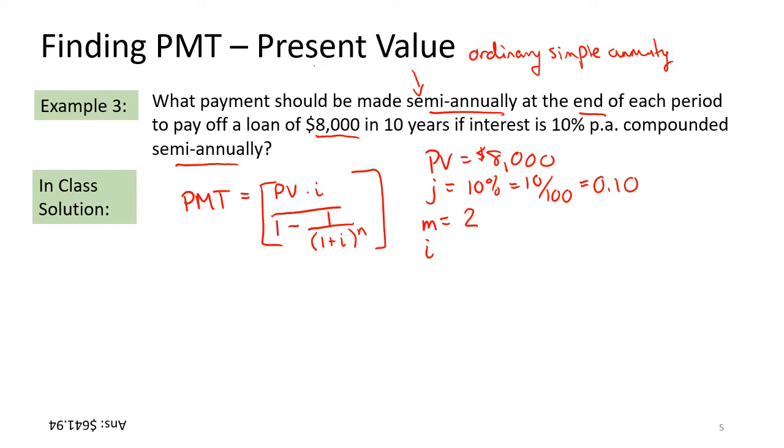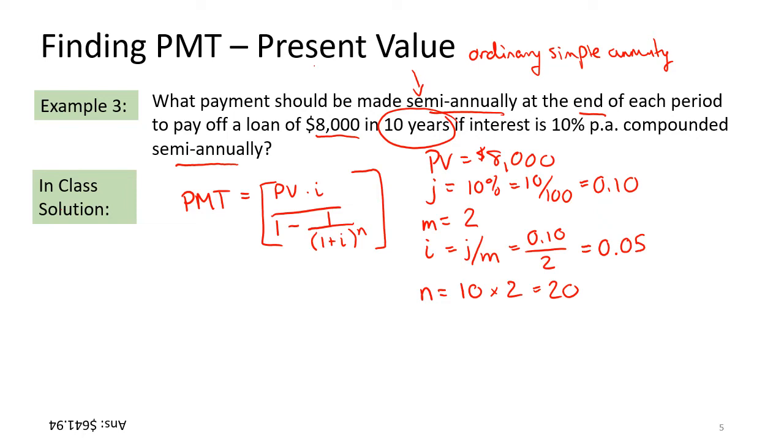So our periodic interest rate, I, is equal to J divided by M, which is 0.10 divided by 2, or 0.05. So the last item that we need is our total number of payment periods, N. So remember, it's saying 10 years in the question, and it's semi-annually, meaning 2 payments a year. So our total number of payments is 20.